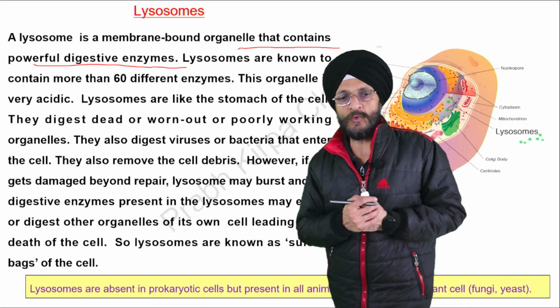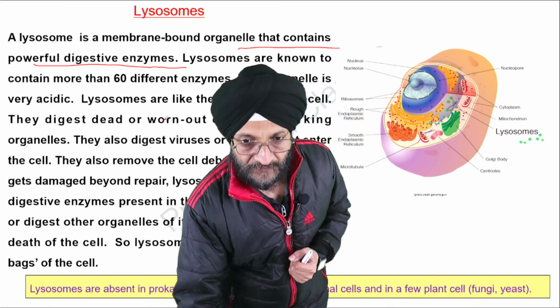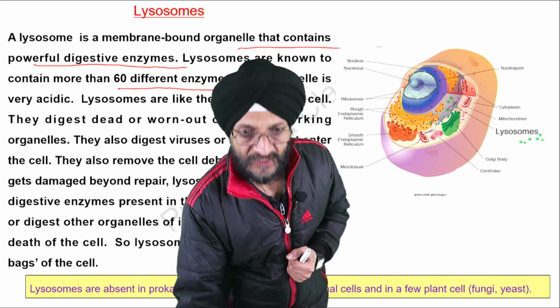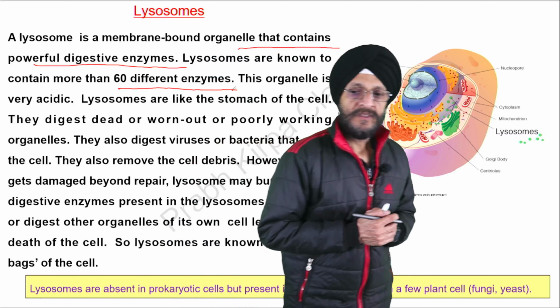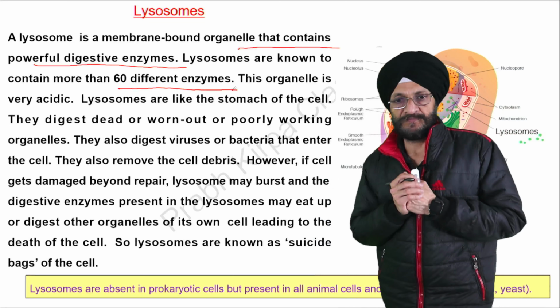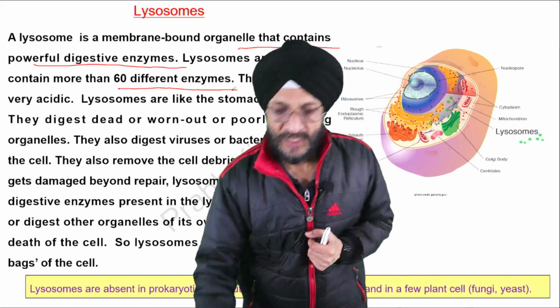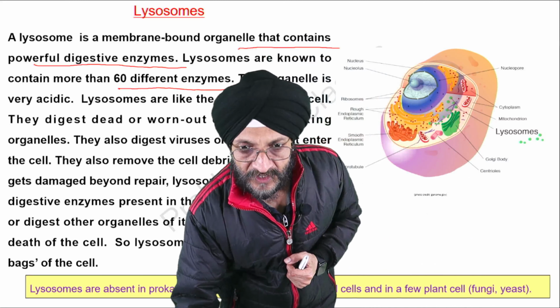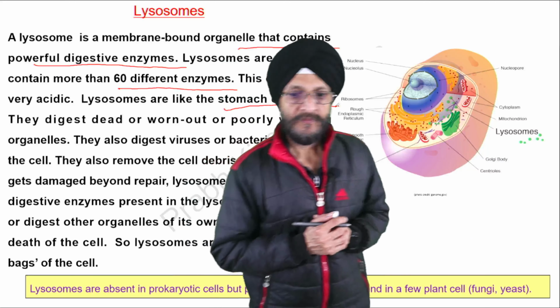Lysosomes are known to contain more than 60 different enzymes. This cell organelle is very acidic. Lysosomes are like the stomach of the cell.